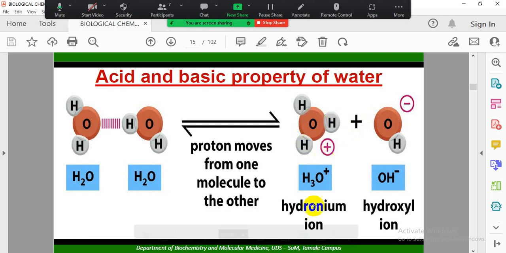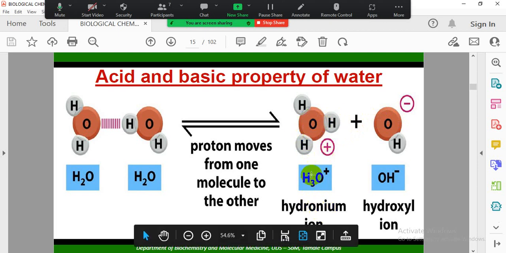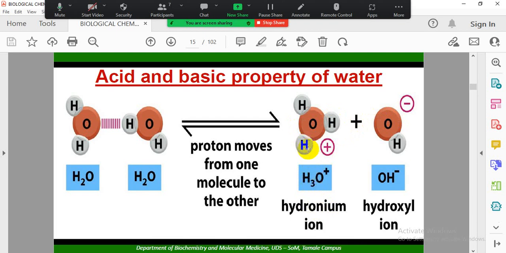So we have the hydronium ion, H3O+, because the one plus is a proton, which has no electrons. So it left its electron here, and this OH now becomes the hydroxyl ion. Do you understand?